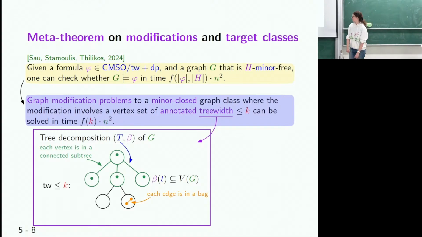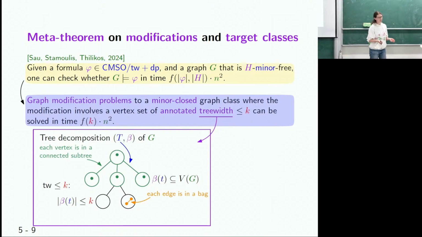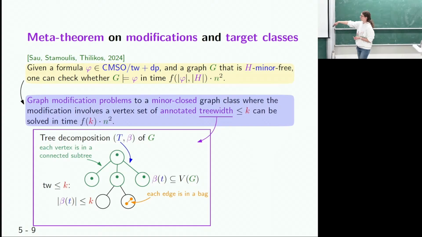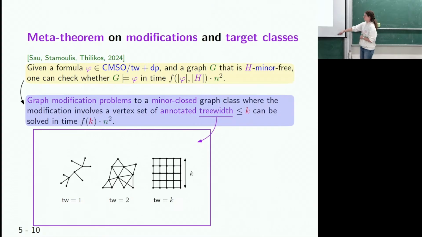And so the treewidth is the minimum k such that you can find such a decomposition where each bag has size at most k. So for instance, trees have treewidth 1 and grids have big treewidth.